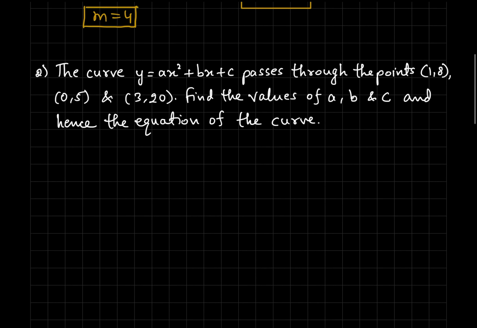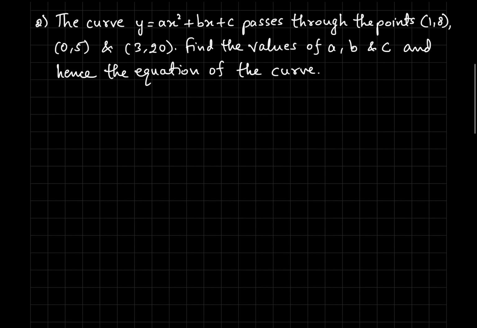Okay. Then let us come to the next question. Next question says the curve y equals ax square plus bx plus c passes through the points (1, 8), (0, 5), (3, 20). Now we have to find the values of a, b and c and hence the equation of the curve.